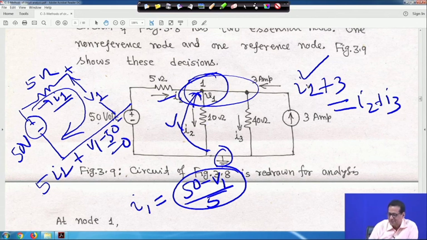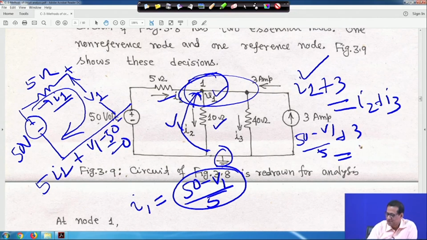So here you put I1, then 50 minus V1 by 5 plus 3 is equal to I2 plus I3. I2 is equal to V1 by 10, because this is V1 voltage and this is a 10 ohm resistance. Reference voltage is 0, so basically V1 minus 0 by 10, that is V1 by 10. Similarly, I3 is also at the same node, node 1, so I3 is equal to V1 minus 0, that is V1 divided by 40.